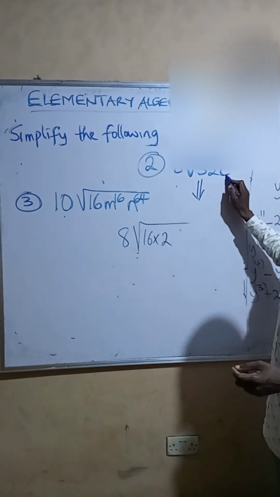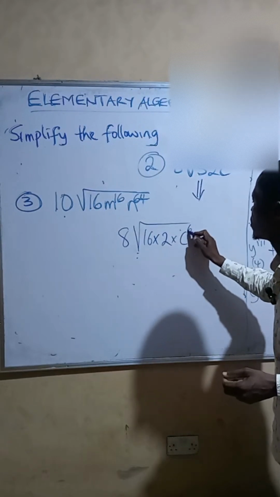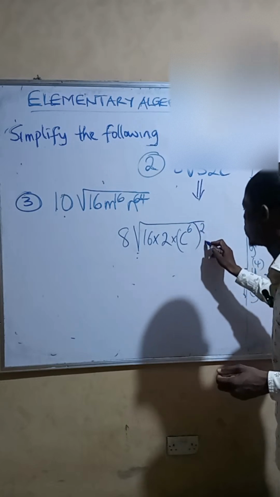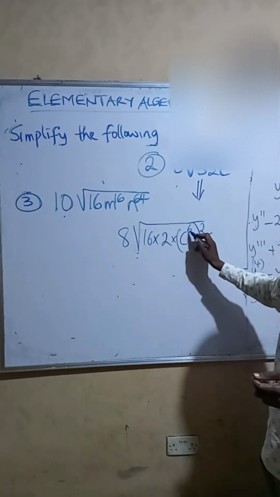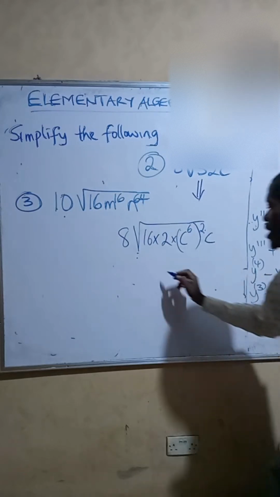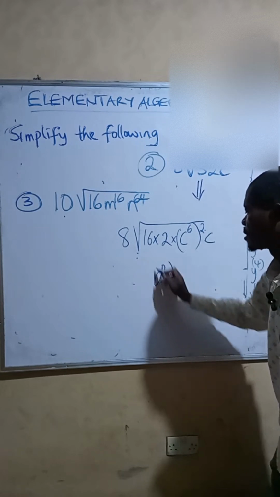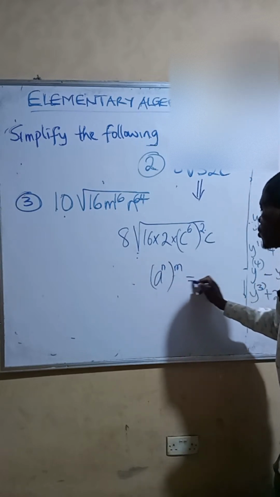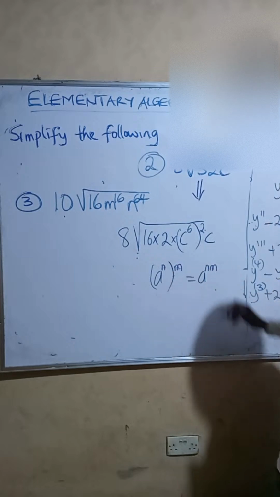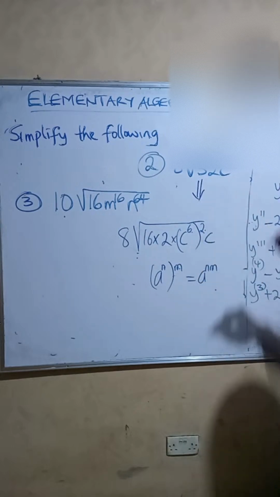And then C13 we can make it C to the power 6 times 2, and then remain 1. 6 times 2 is 12, plus the one here, making 13. Don't forget one of the rules of indices: when you have an inner power times the outside power, it's going to be the inner times the outside. That's what we apply for C13.